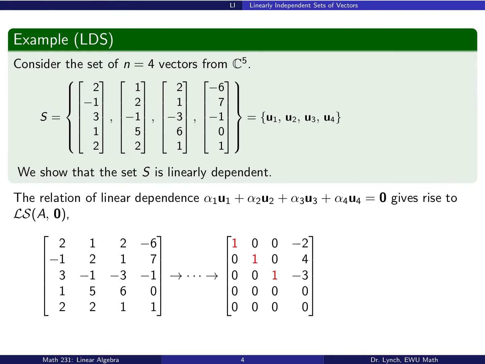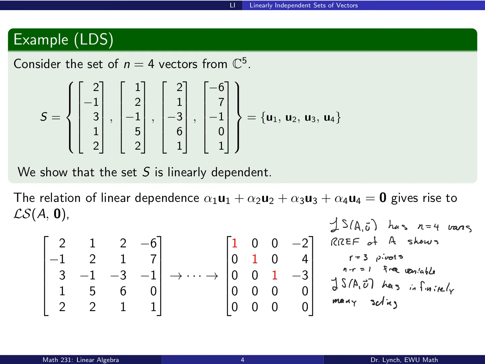shows us that the homogeneous linear system does have a non-trivial solution. Of course, the homogeneous linear system has 4 variables. We see that the row reduced echelon form shows 3 pivots, so we expect n minus r equal to 1 free variable. The homogeneous linear system has infinitely many solutions.